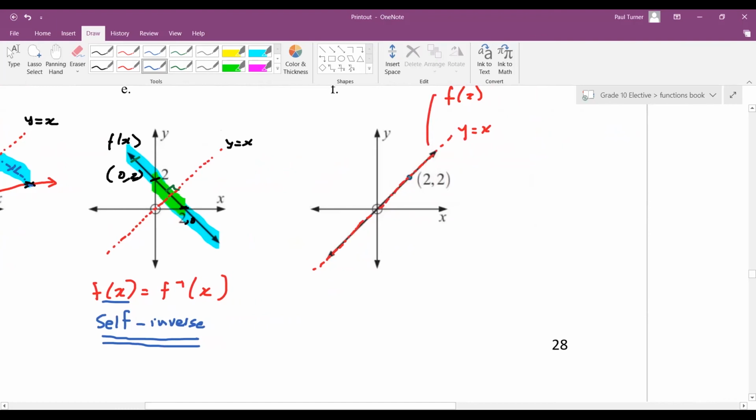And we have the same problem here. If you reflect 2, 2 and you swap, you'll get 2, 2, don't you? Again, so your point is on the line. This is 1, 1. And if you swap 1, 1, you'll get 1, 1. So it's the same equation again. That's another self-inverse here. So you're stuck on this line.